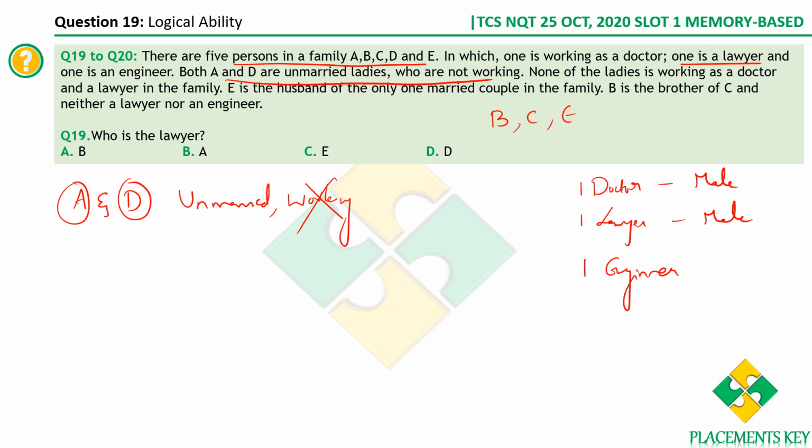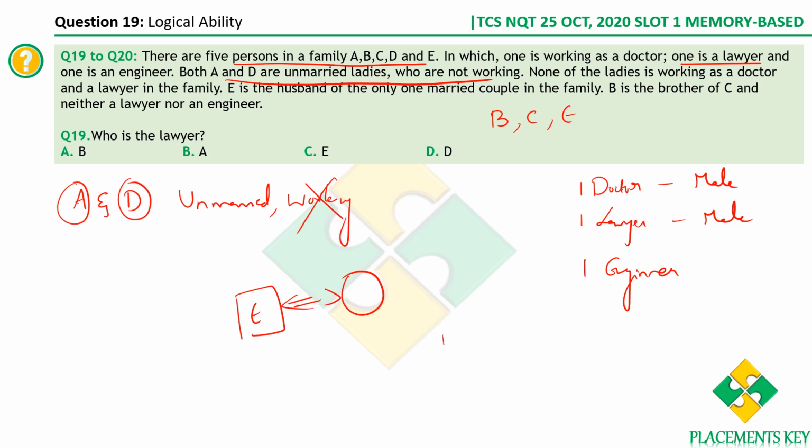Okay. Further, E is the husband of the only one married couple in the family. See, there's only one married couple in the family, whereby E is the husband. So this is what we have. We are not sure who the wife of E is. Now B is the brother of C and neither a lawyer nor an engineer.